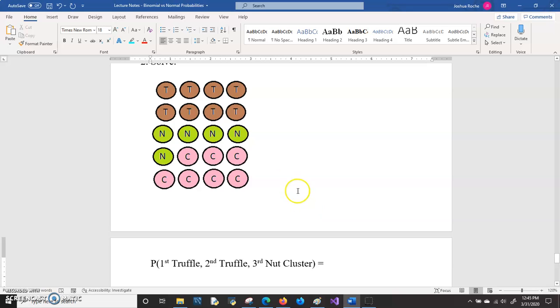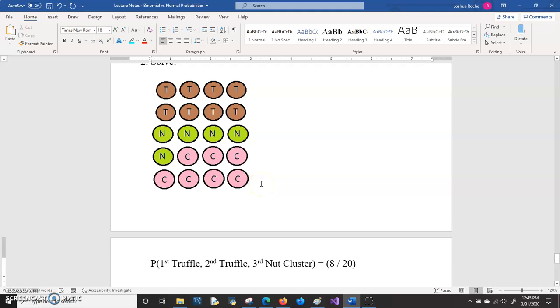So let's imagine you take the first chocolate. The probability that that first chocolate is a truffle is 8 out of 20. There are 8 truffles to choose from out of the 20 chocolates.